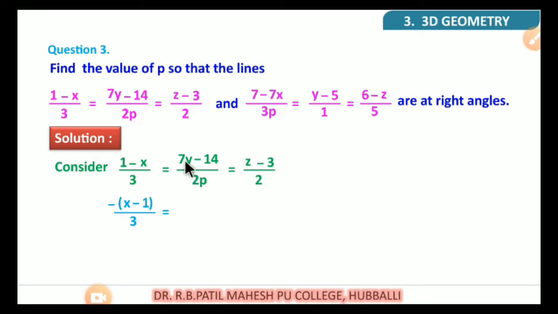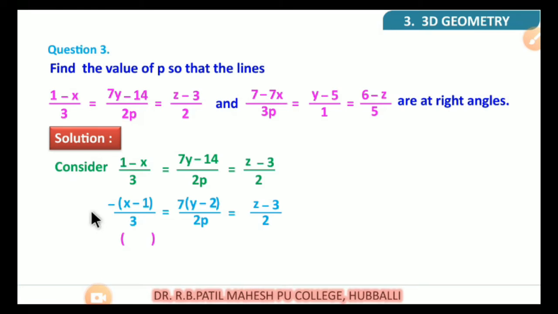Here 7 is there and it is 14 here, so it is already positive, so there is no problem. We just have to take 7 common from this numerator part, so it becomes 7(y - 2)/2p, which is equal to, it is already in the standard form, so it is as it is, (z - 3)/2.